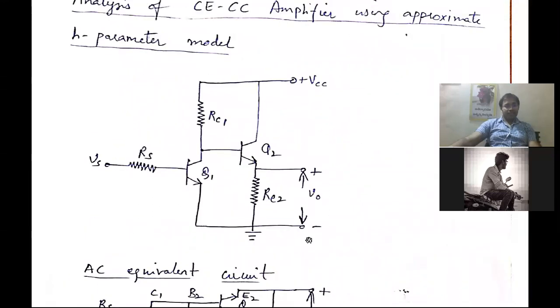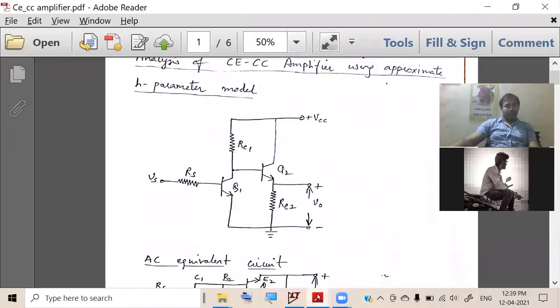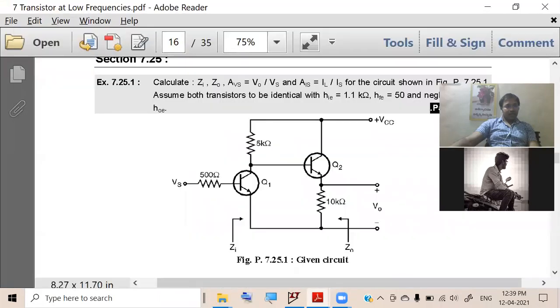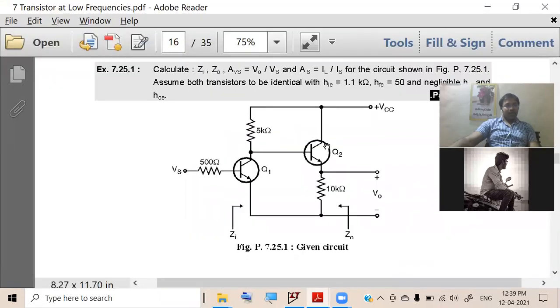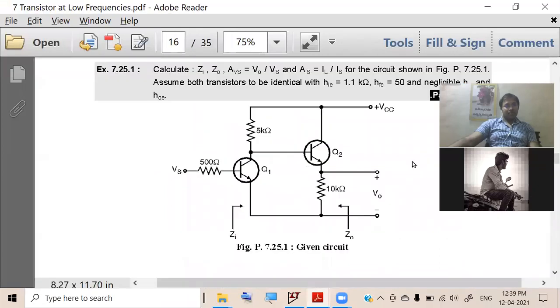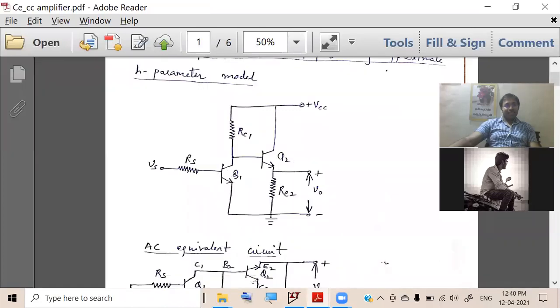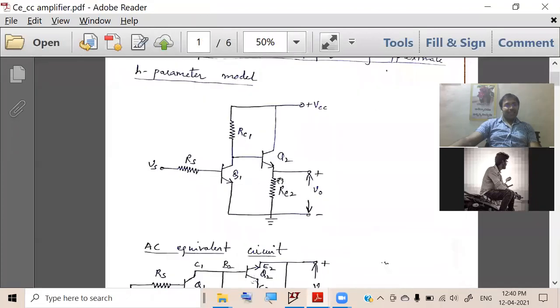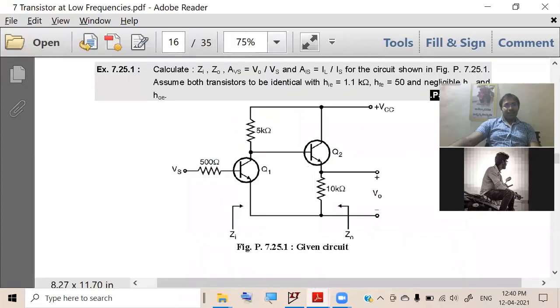Now let me take up one problem. Just observe these two circuits. Are the two circuits the same? Vs, resistor, transistor. Next, there is one resistor here, one resistor here, then the transistor.